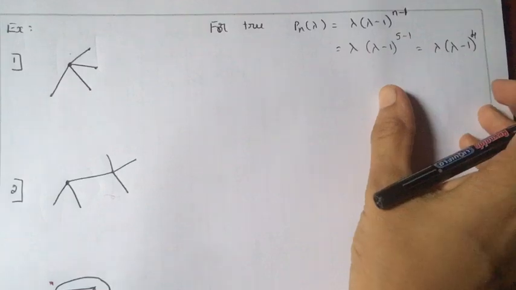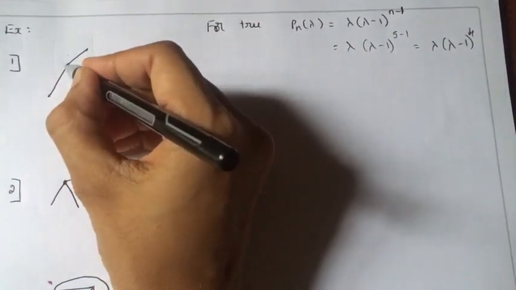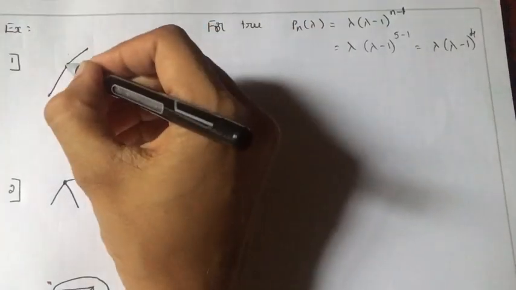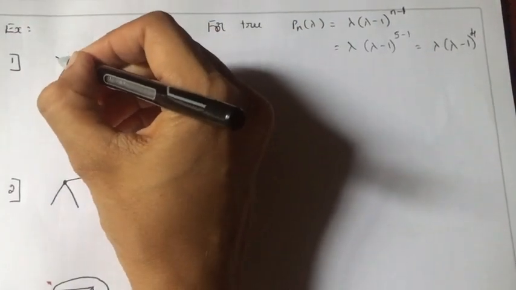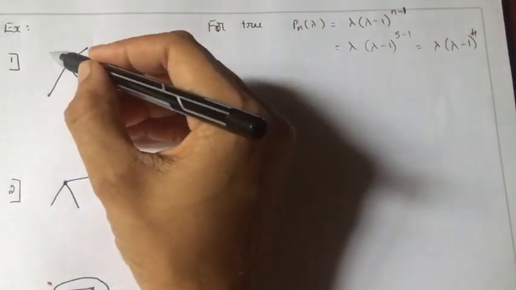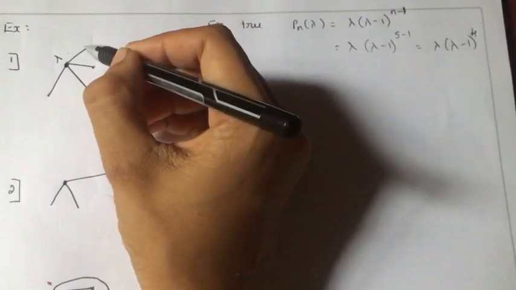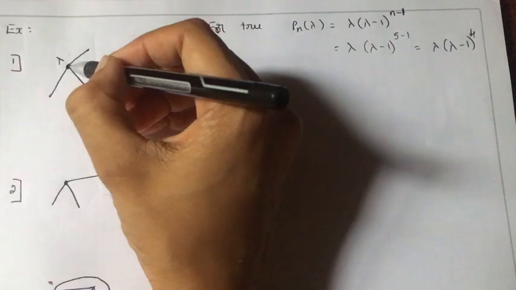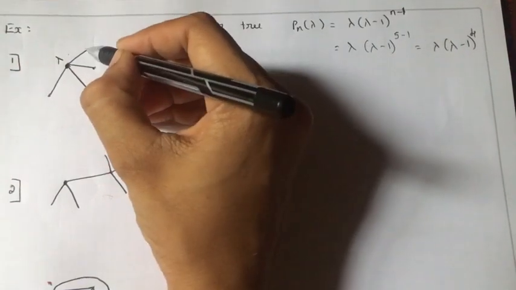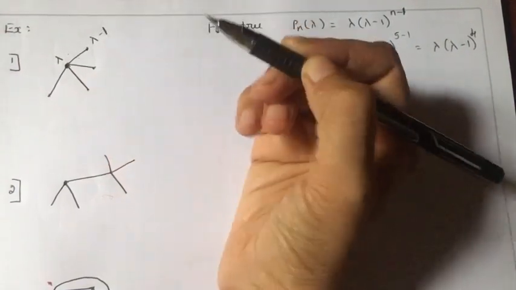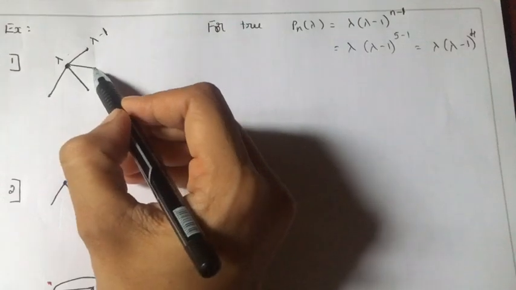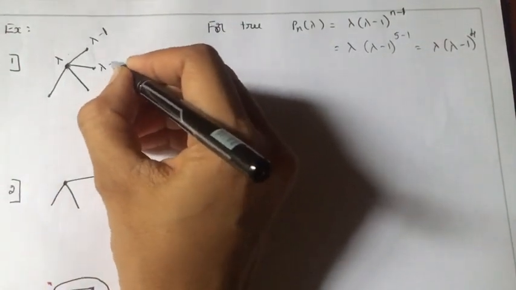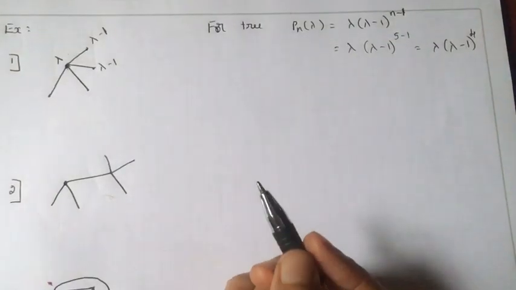This is one way. The other way is I'm coloring this with lambda colors. So this vertex has got lambda options, lambda colors to put. When I come to this vertex, I cannot color it with the same color which I have used for this, so this has got lambda minus 1 options. Similarly, this vertex, I cannot give the same color which is given to this, so this again has got lambda minus 1 options.